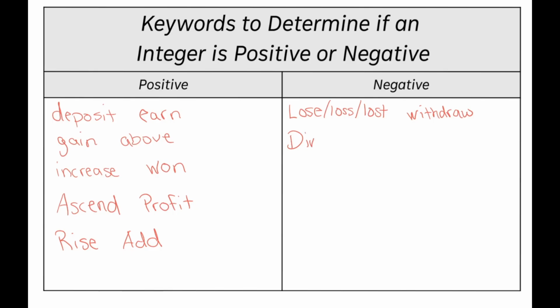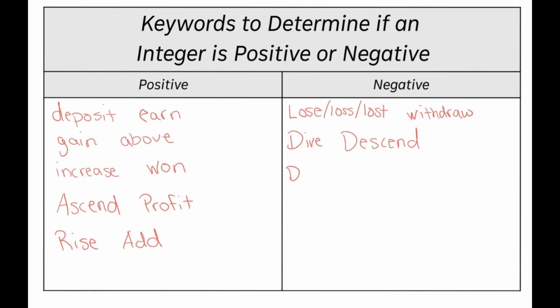When you dive, you are going down into the water. That is a negative situation. Another word is descend. When a plane descends, that means they are landing. They are coming from in the air and they are going down towards land. So that is a negative situation.